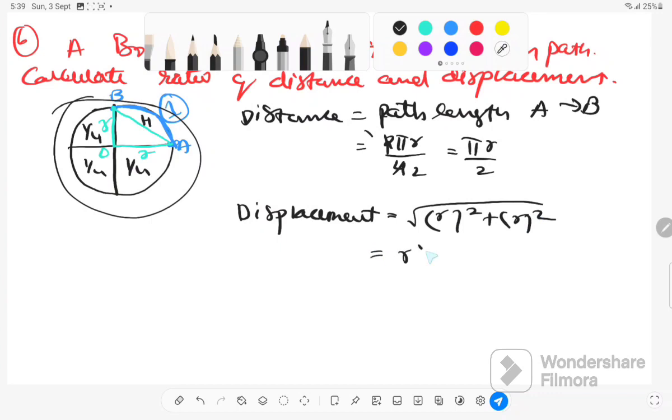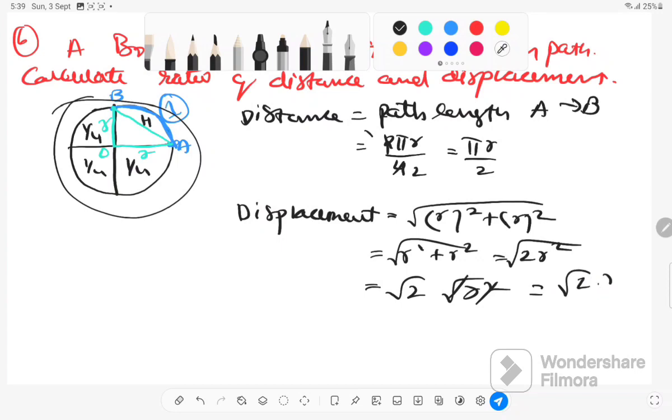So it's nothing but R square plus R square, that is 2R square. Square root of that. Square root of 2 you write separately, square root of R square you write separately. Square and square root cancel. So this is root 2 R. This is the displacement.